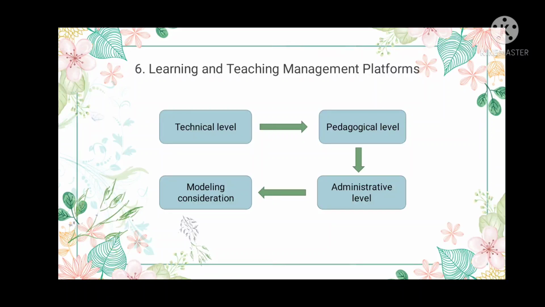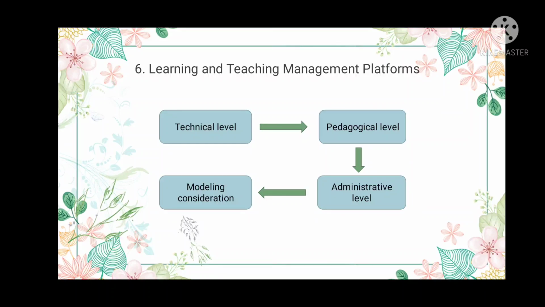The next, there are learning and teaching management platforms. The main considerations are, the first, on the technical level. They relate mainly to computer and communication hardware and software. Then there is the pedagogical level.